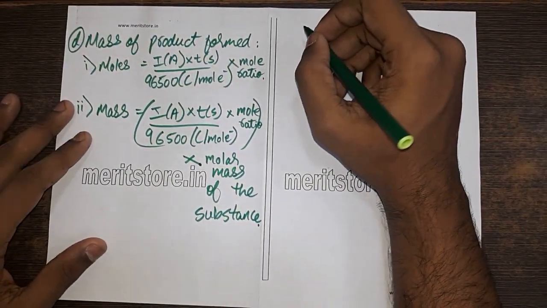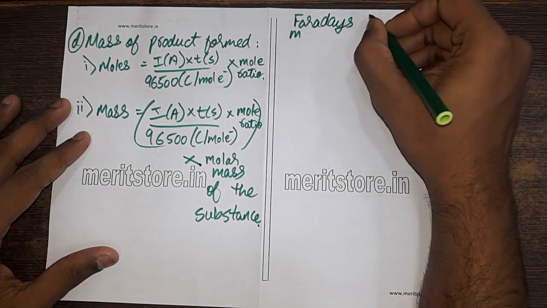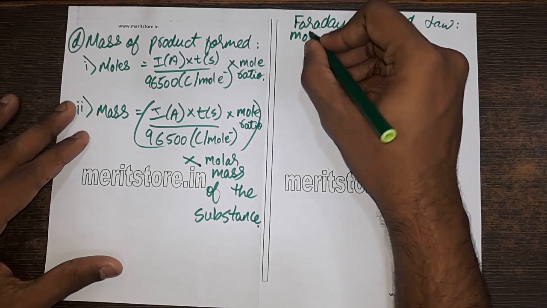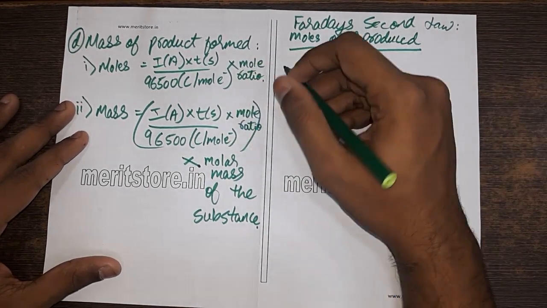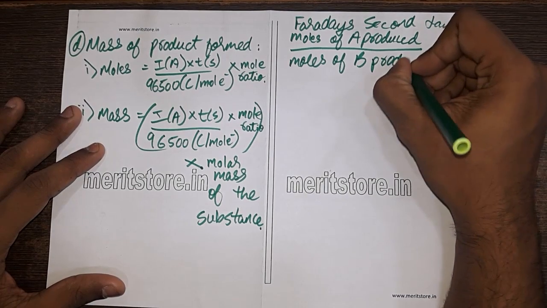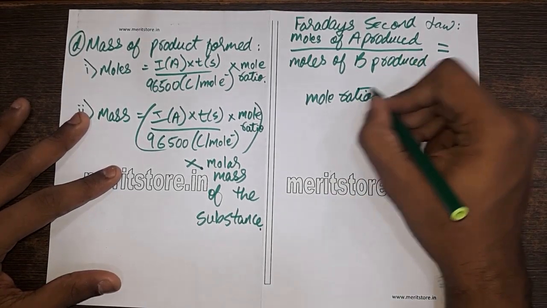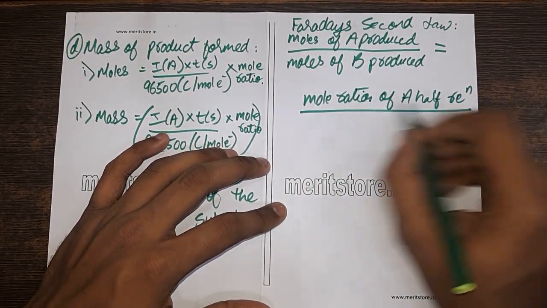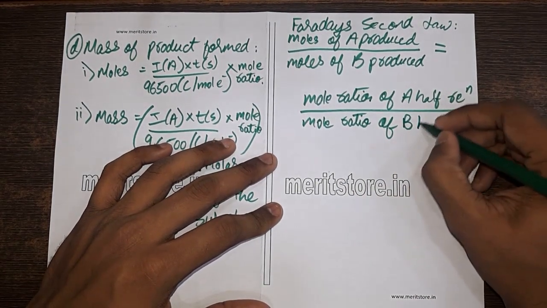Next, we see Faraday's second law, which states moles of A produced upon moles of B produced equals mole ratio of A half reaction upon mole ratio of B half reaction.